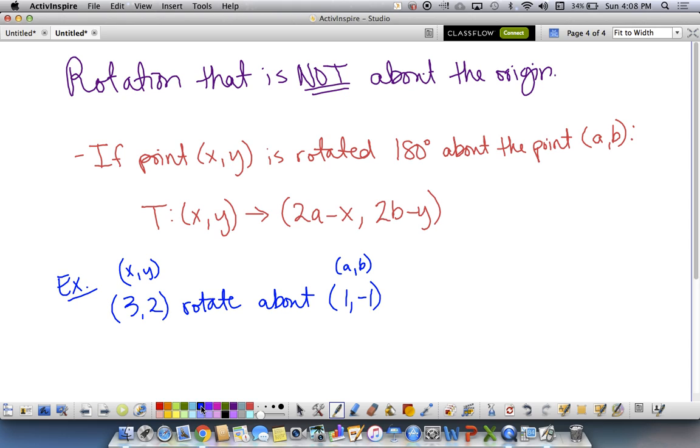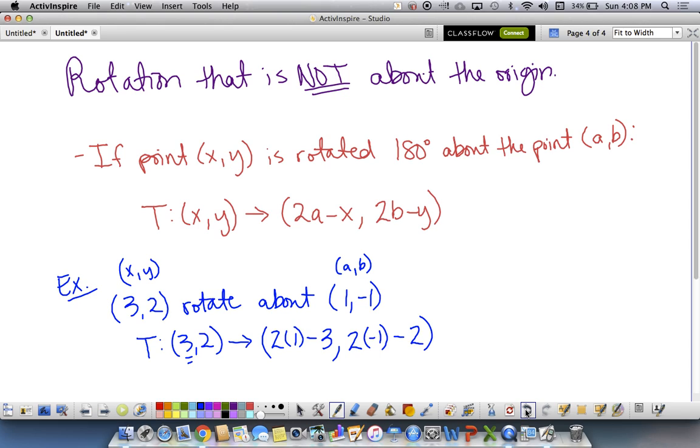That's all you're doing. You're taking a point. We're going to transform 3, 2 into, and we have to say 2 times A. What is my A? 1. Minus X. Back here is my X. Minus 3. Comma, which will be your Y point, is 2 times B, which is negative 1, minus Y, which is 2.